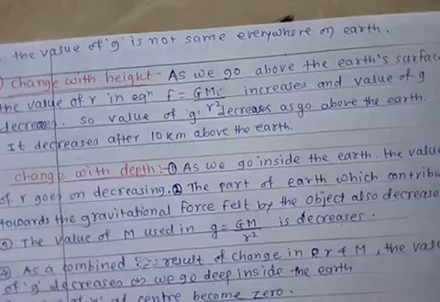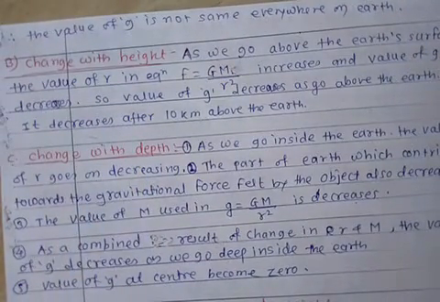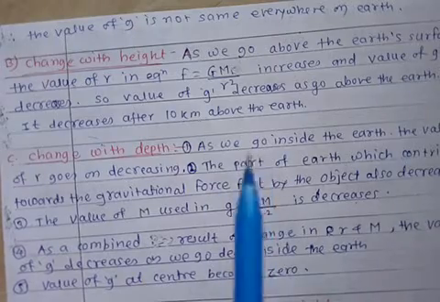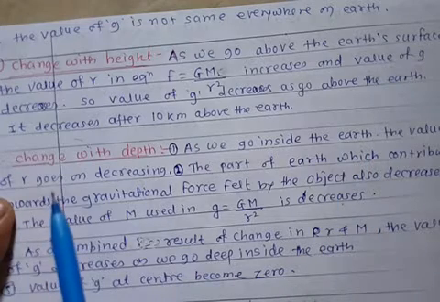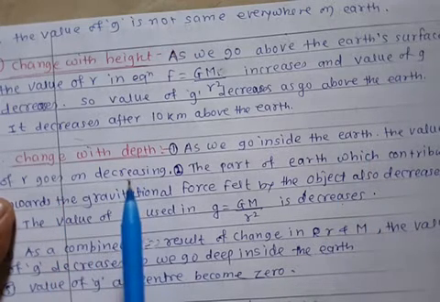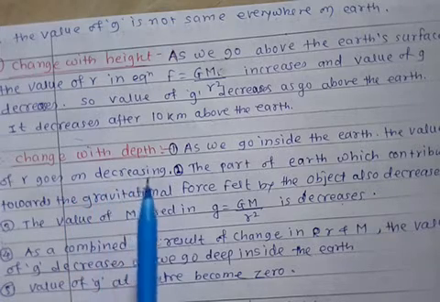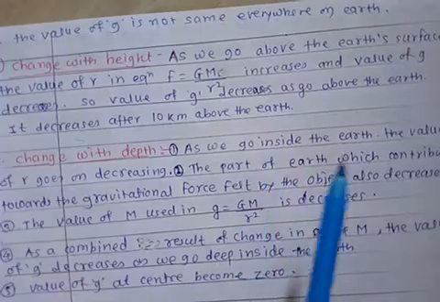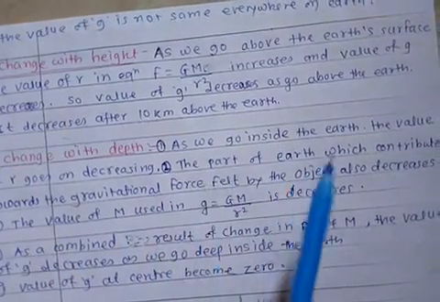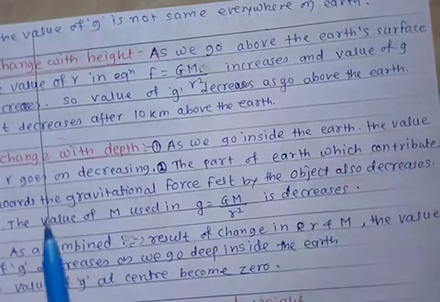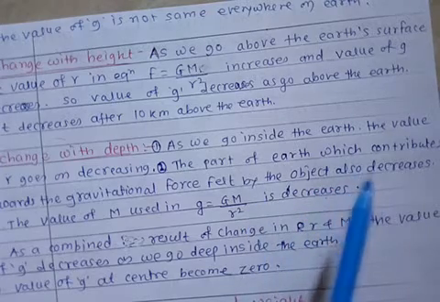The next point is change with the depth. If we go inside the earth, the value of R keeps decreasing towards the center. Also, the part of the earth that contributes to the gravitational force felt by the object decreases.